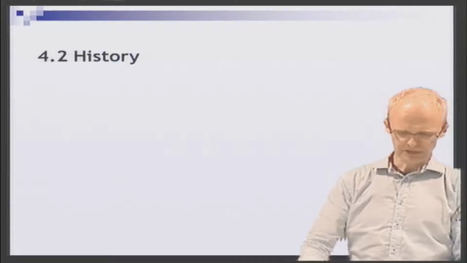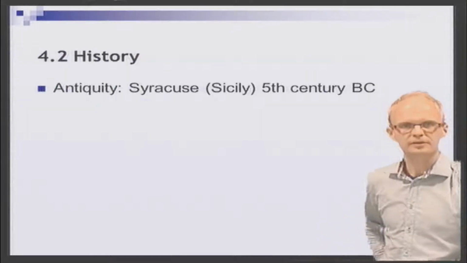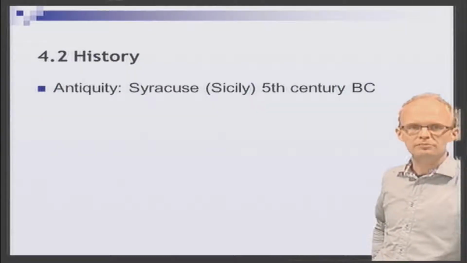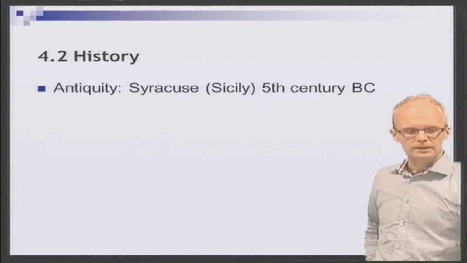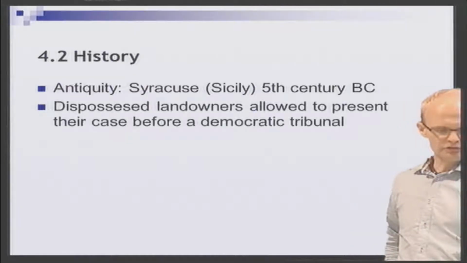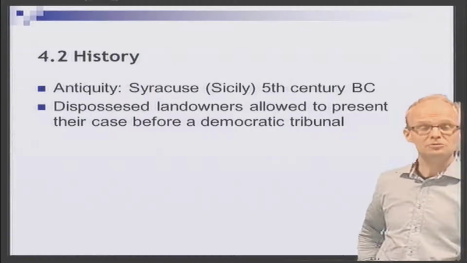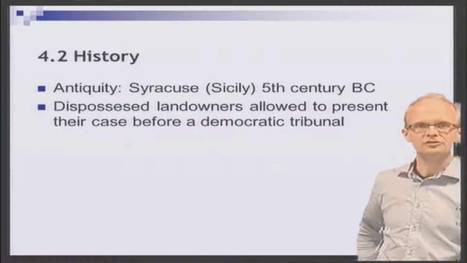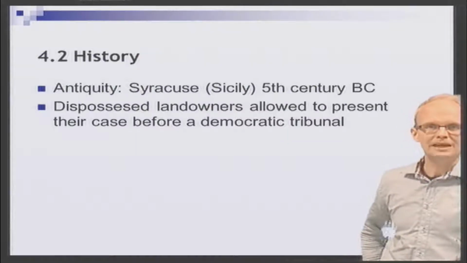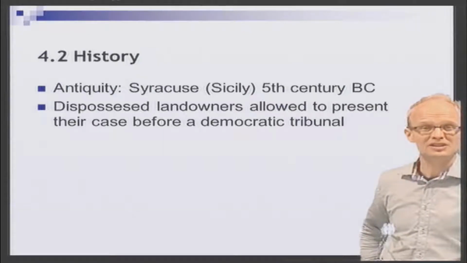Now, rhetoric goes back to Syracuse, which was Sicily, in the 5th century before the birth of Christ. And in this time, there was a group of dispossessed landowners, meaning people who had lost their land. They were allowed to get their land back, but they had to present their case before a democratic tribunal.